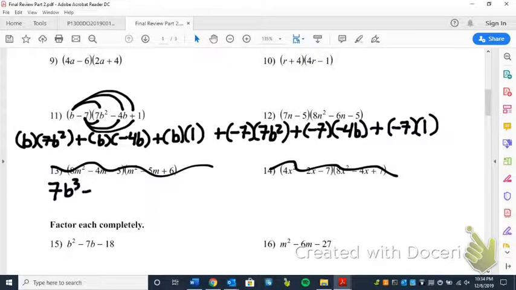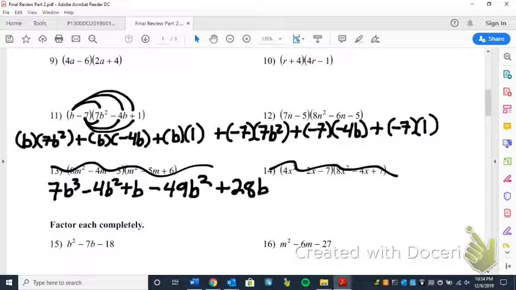So 7b cubed minus 4b squared minus 49b squared plus 28b minus 7. So 7b cubed, that's it. There's only one of them.